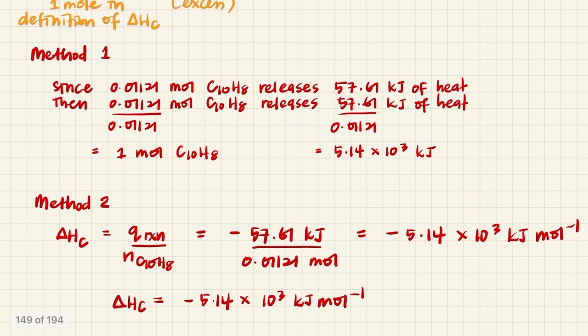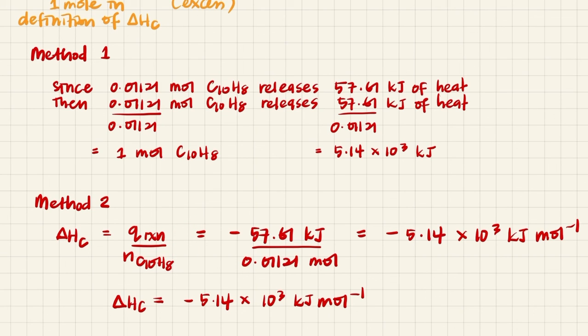Method 2, I think this is easier. I like this better because it's more direct. We already find the heat change for combustion reaction and we find the number of mole of naphthalene that was being burned.